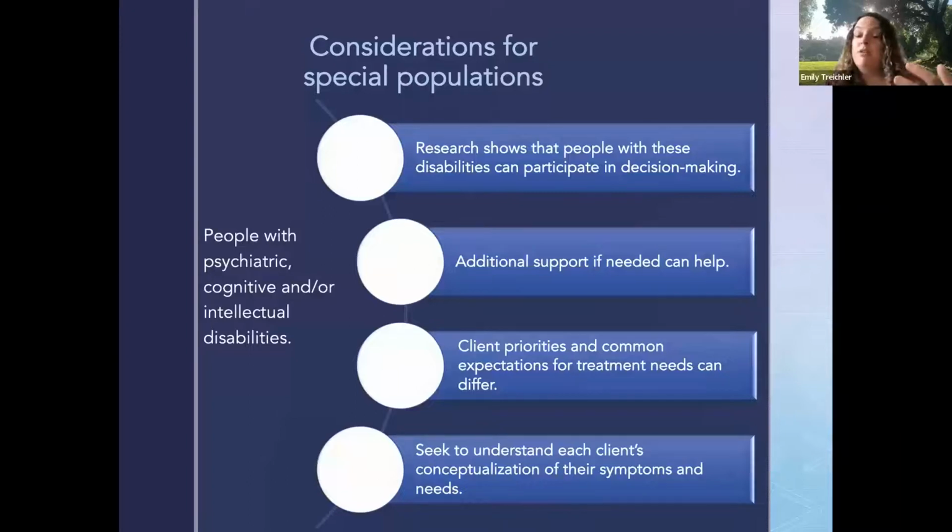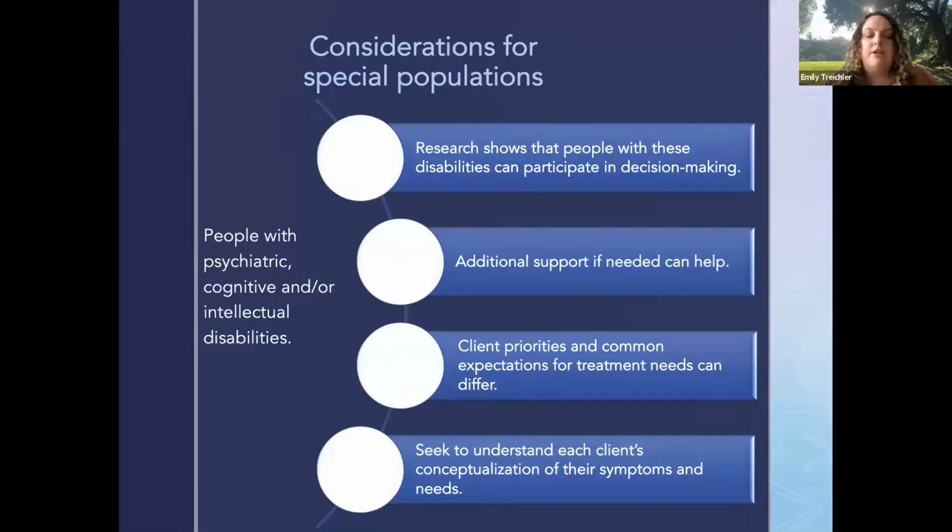So maybe they meet with you, they have the resources, they take them home, they look them over, maybe they talk to a friend or a caregiver or a family member, and then they meet with you again to make the decision. So more time, more versions of the information, more opportunities to discuss before the decision. Those can all help people engage and participate.